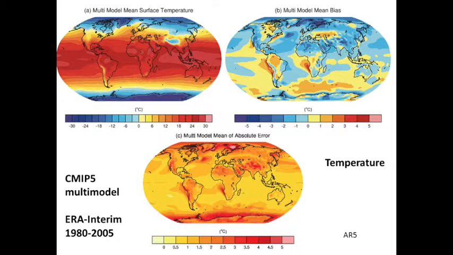Okay? So if you look broadly, you can see that in the Southern Ocean, the model overestimates temperature. And in general, it's underestimated in the Northern Hemisphere. And there are 2 regions in the ocean where the sea surface temperature is very much overestimated.